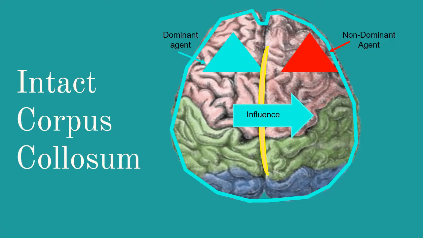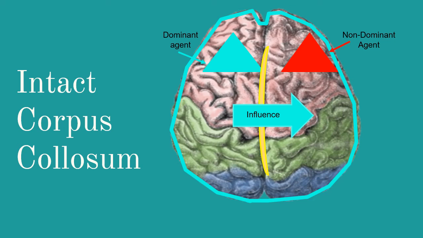So this is a quick diagram to show that relationship. We see the two agency centers housed in their respective hemispheres, with the dominant agent asserting a level of influence and control through the corpus callosum on the non-dominant side. This allows the dominant agent to kind of assert full control over behavior.